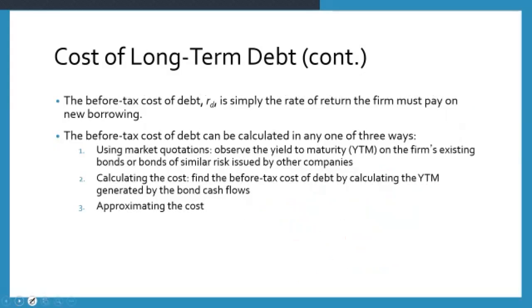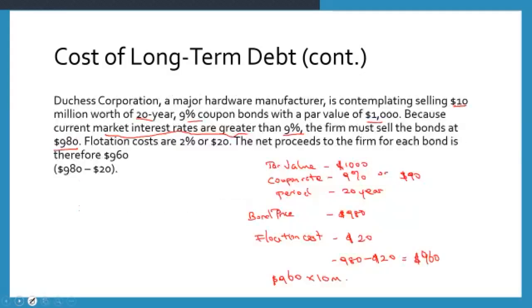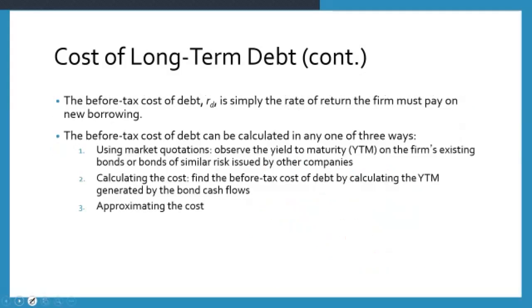The before-tax cost of the debt, right, that's RD, is simply the rate of return the firm must pay on the new borrowing. The before-tax cost of debt can be calculated in any one of three ways.